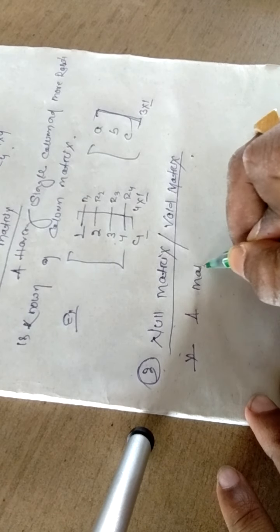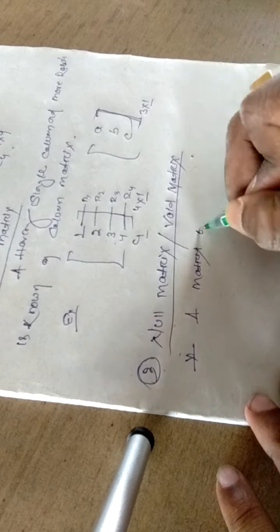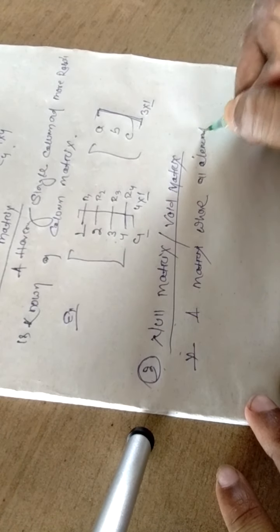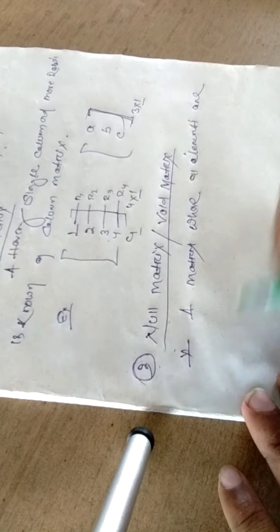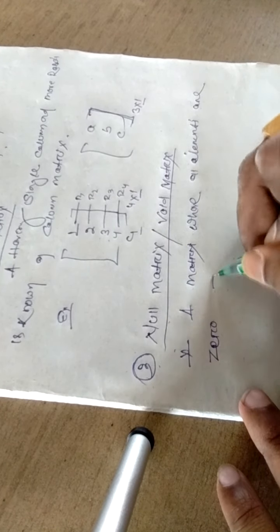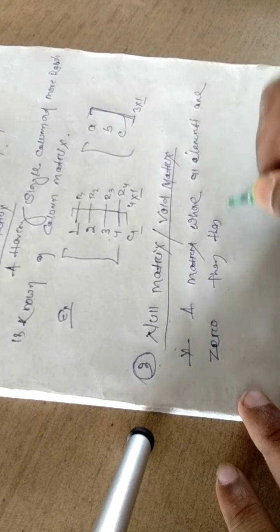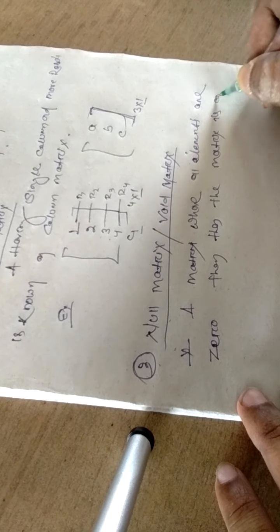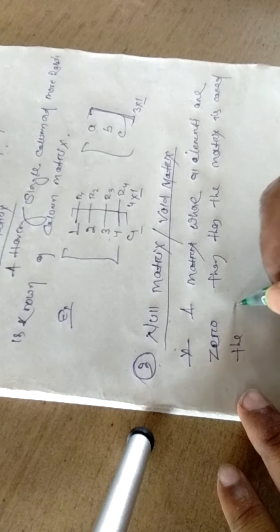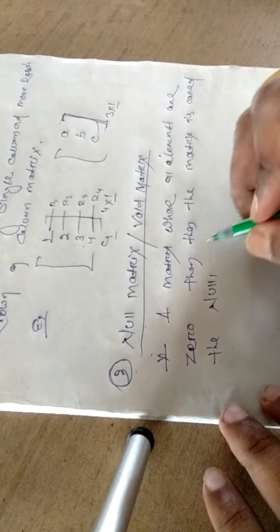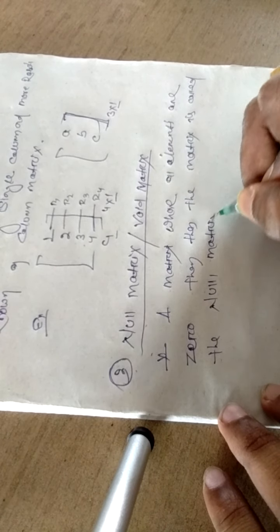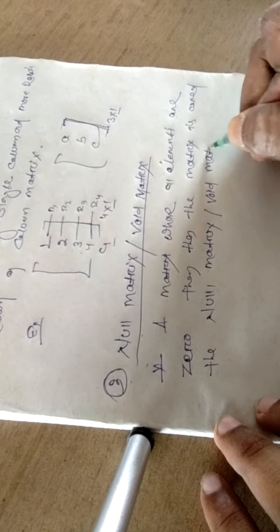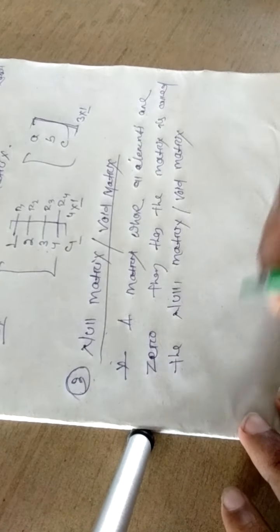A matrix whose all elements are zero is called the null matrix or void matrix.